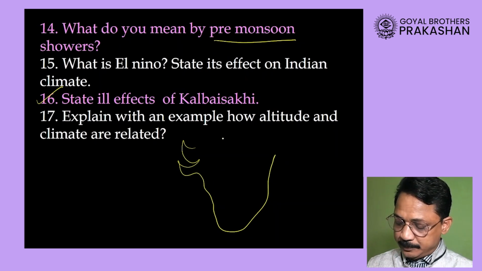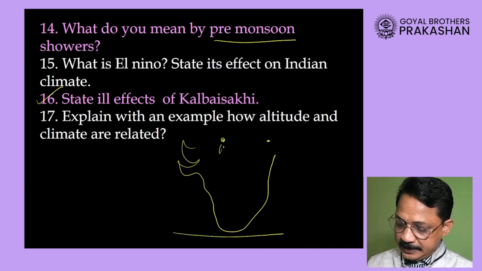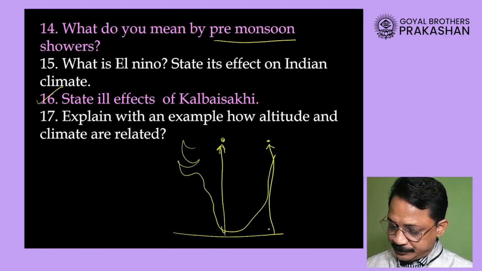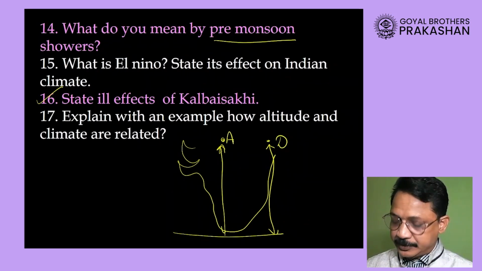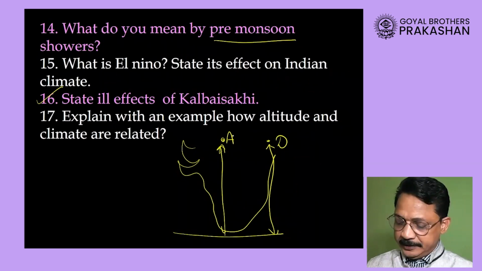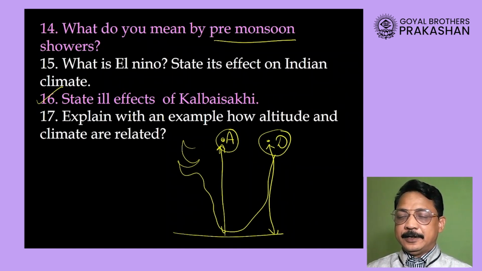Suppose Agra is here, so Darjeeling is present over here. Agra is at this latitudinal distance, and Darjeeling is also at the same latitudinal distance. Because both of them are present at the same distance away from the equator, they must be experiencing equal sunlight, but that does not happen.